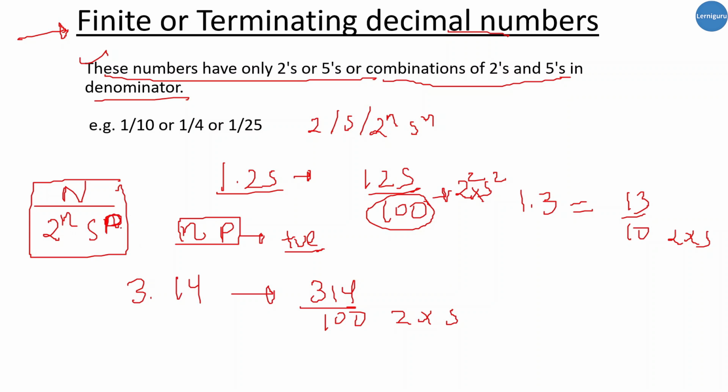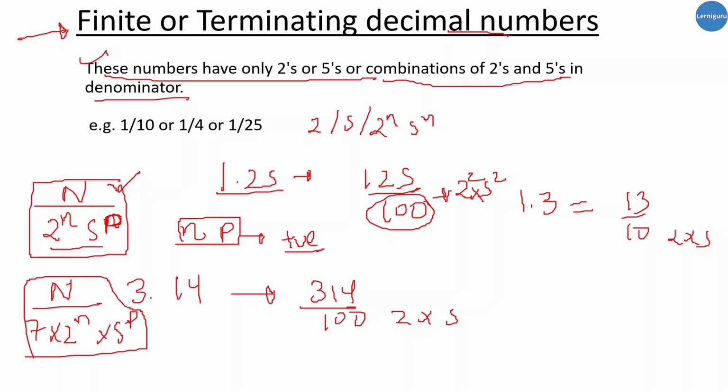Then this number is always going to be a terminating decimal number, because there is a combination of 2 or 5. If there is another number, like suppose this was 7 times 2 to the power n into 5 to the power p, then this number will not be a finite or terminating decimal number unless n is a multiple of 7.